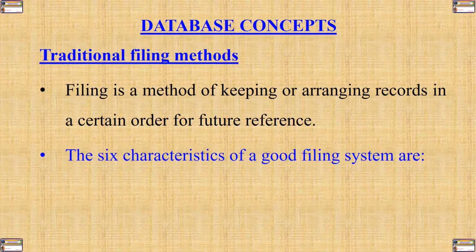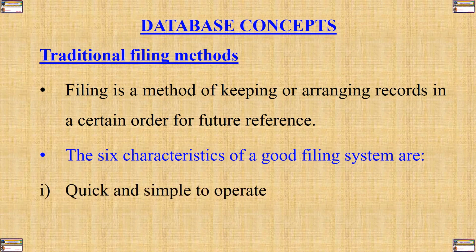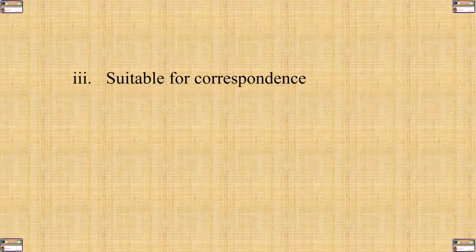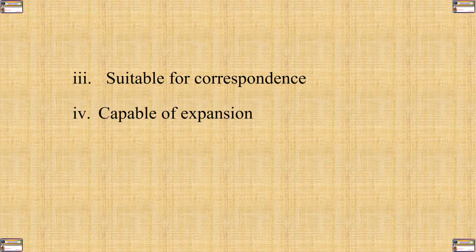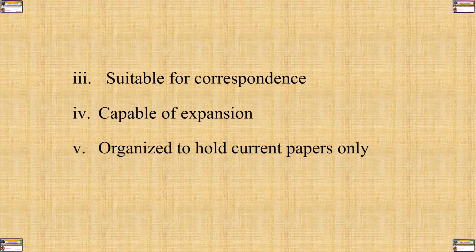The 6 characteristics of a good filing system are: quick and simple to operate, easily accessible, suitable for correspondence, capable of expansion, organized to hold current papers only, and appropriate size.